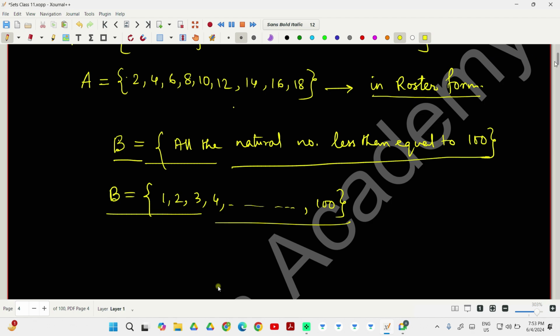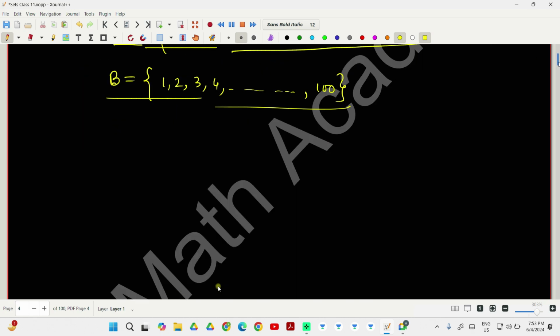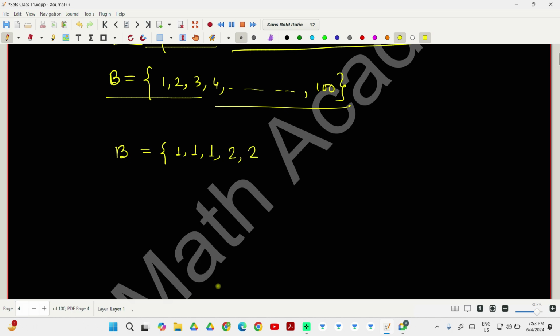Now one more thing, we do not write one element in a set two times. That means this is not a set: 1, 1, 1, 2, 2, 3, 3, and so on.